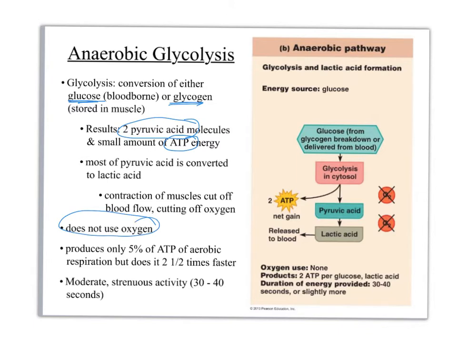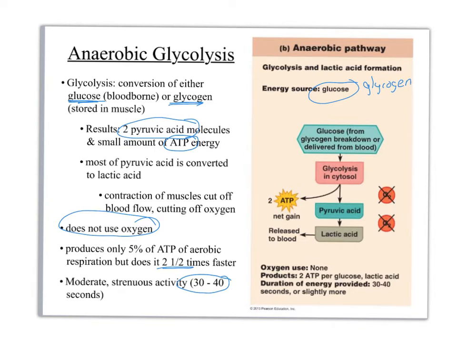Again, it does not use oxygen. It does make more ATP, and it's 2.5 times faster than aerobic respiration, but you do run out of it pretty quickly. You've only got about 30 to 40 seconds worth of energy. It's using glucose, and remember, in muscle cells, we can store glucose in chains that we call glycogen.